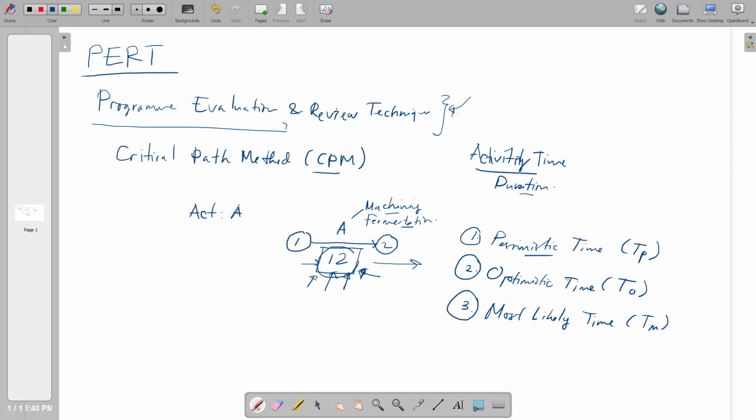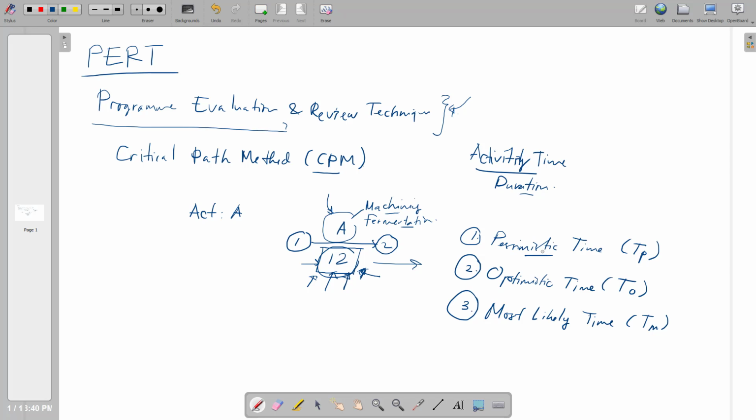So technically the pessimistic time is the predicted duration of your activity. Bear it in your mind, we are still talking about an activity, we are not talking about the whole project yet. We are not talking about the network diagram and the whole set of activities, we are talking about a single activity first.